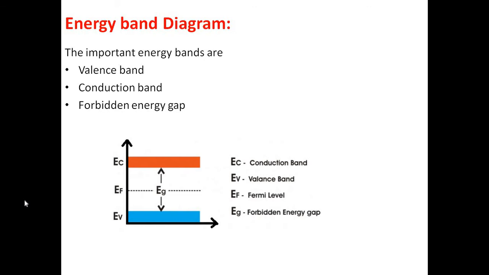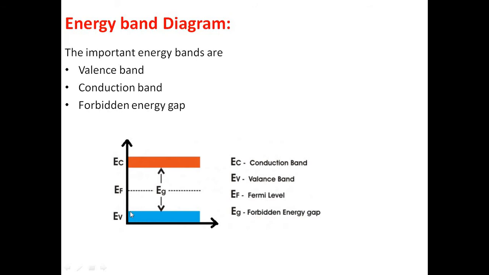We can see here we have a valence band, and this is the conduction band. The gap between the valence band and the conduction band is called the forbidden energy gap. And in the middle we have one more energy level called the Fermi energy level. In the coming classes we will discuss the purpose of the Fermi energy level.